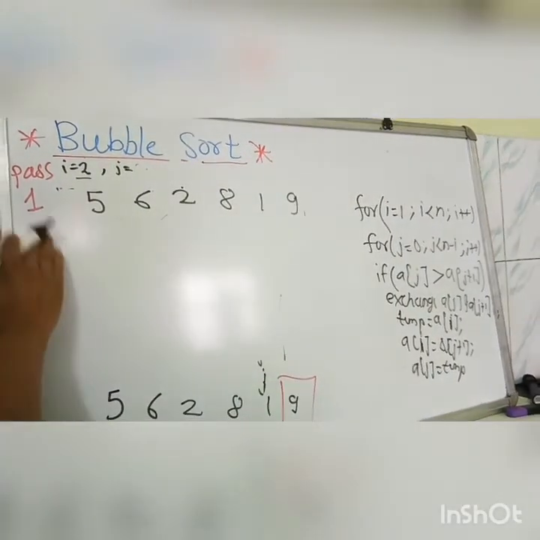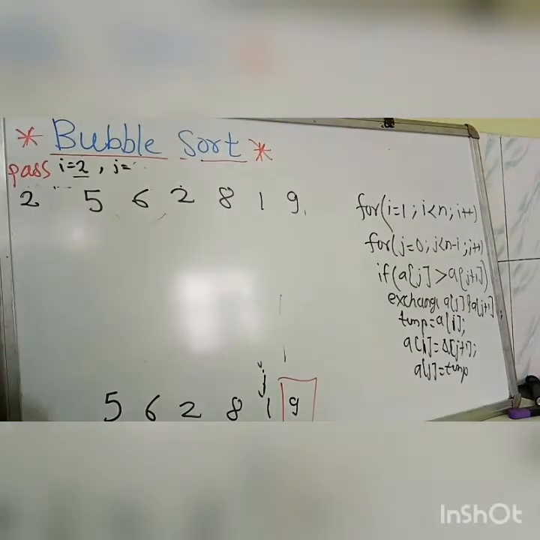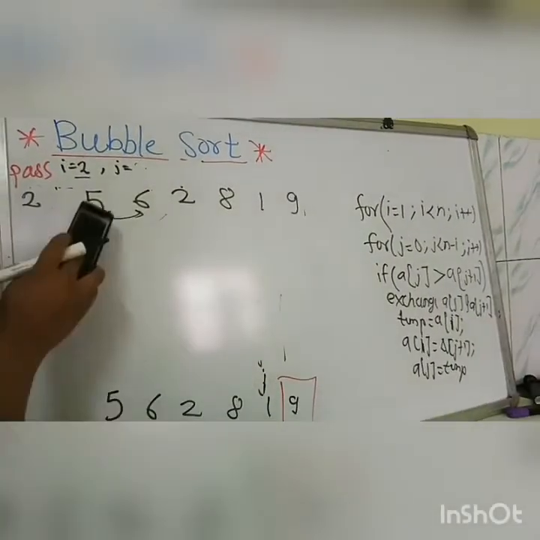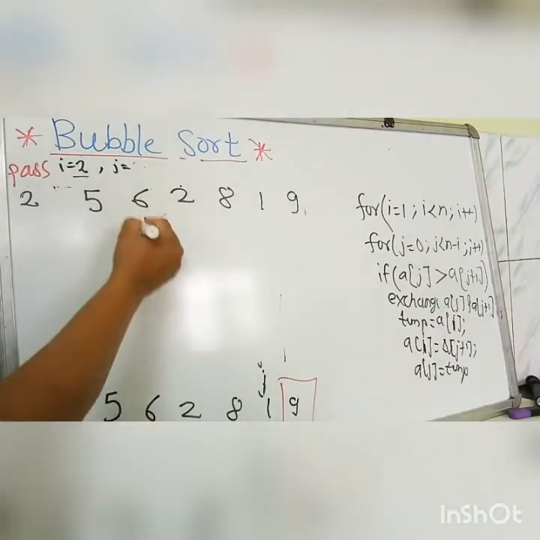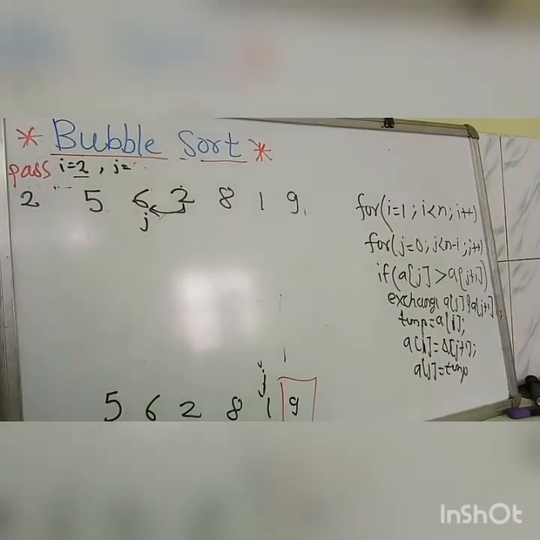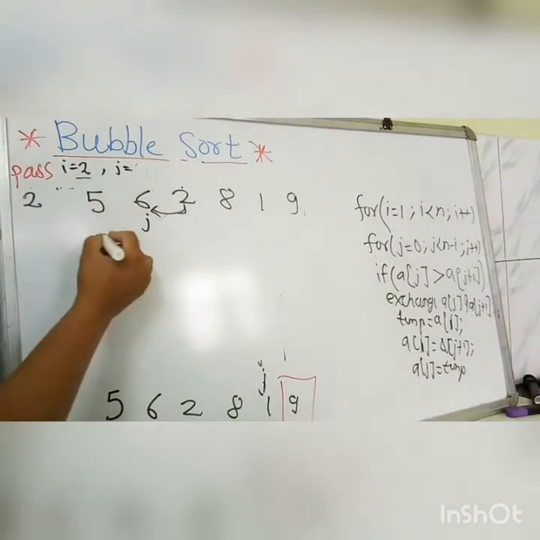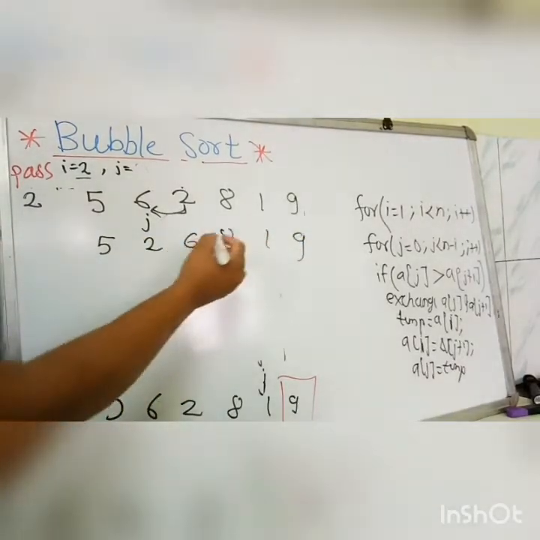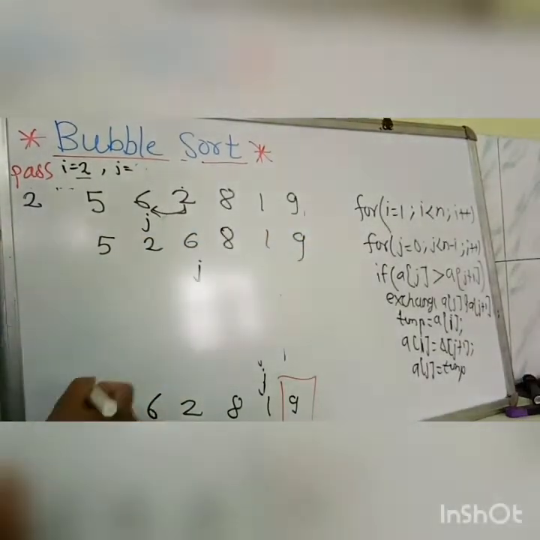Now this will be the pass second. Here it will compare with this. As we know that 5 is not greater than 6, then j advances. Compare with these two. As here we are seeing that 6 is greater than 2, then we will rearrange them. Now j becomes here.